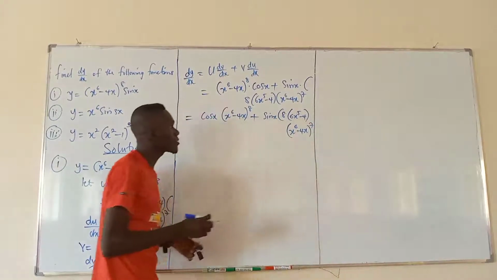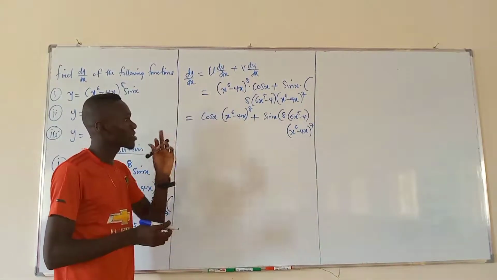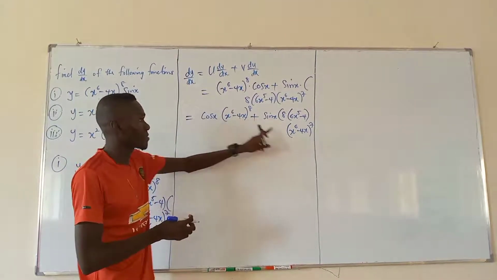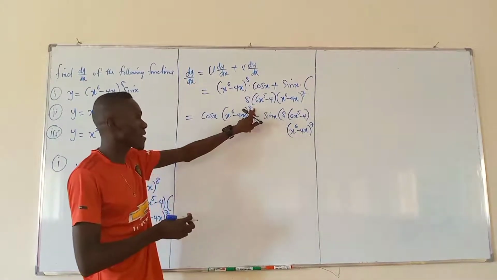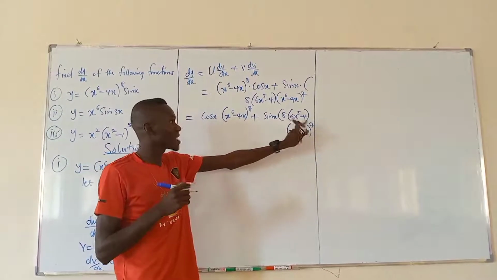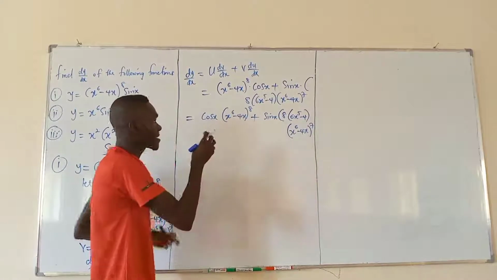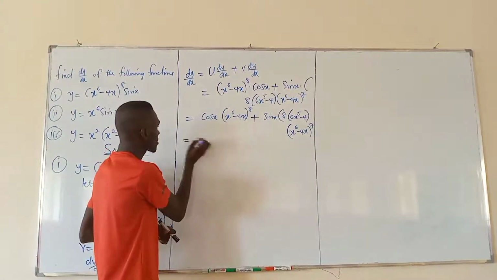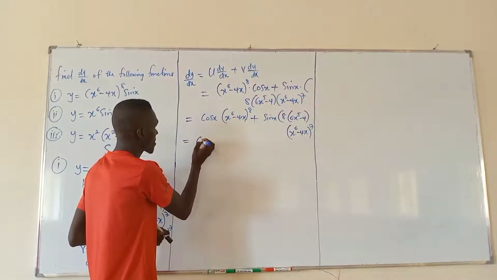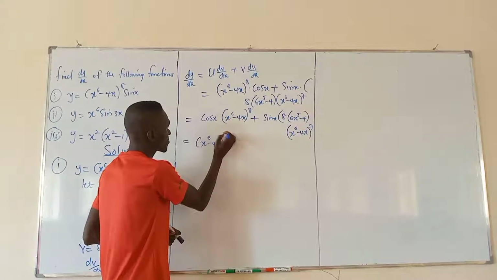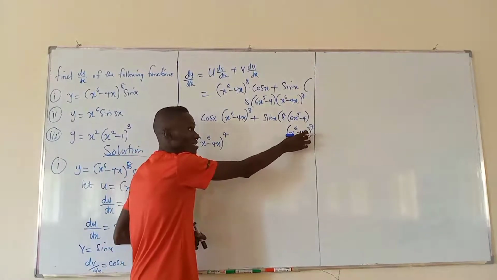Now there's something we can actually do to this. I'm still having something that is common. Remember, I have x^6 minus 4x. I'm still having it here. This one is raised to power 8. This one is raised to power 7. That means I will pick the lowest of them, which is 7. I just want to factorize this out. So this is (x^6 minus 4x) all raised to power 7. I'm removing the lowest, which is 7.